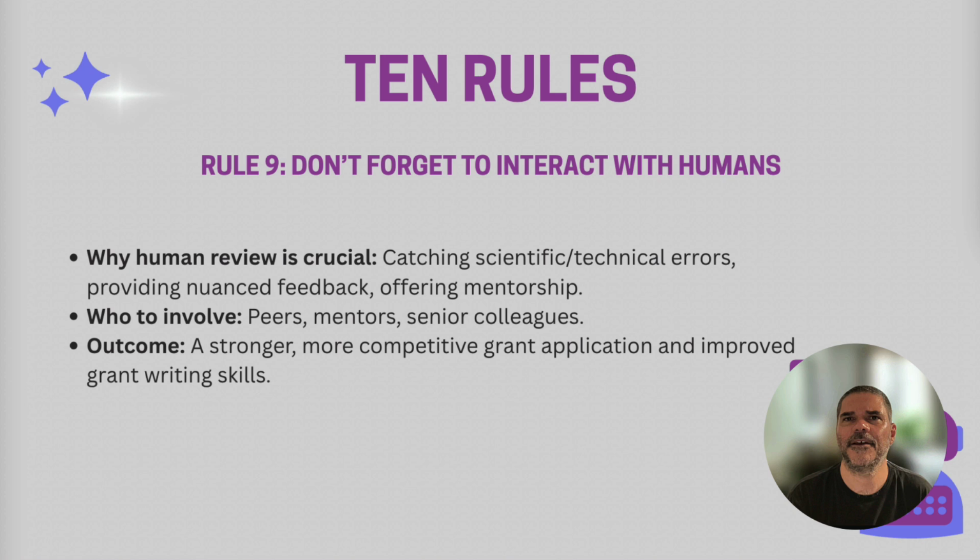I need a second set of eyes to catch any errors or to question anything that doesn't seem so clear. It'll help give you a better feedback, a human feedback, and it's good for mentorship and coaching, especially if you're at the beginning of your grant writing processes.